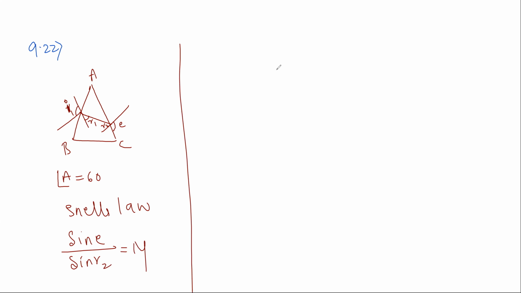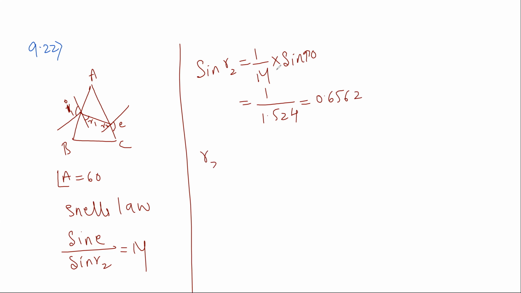If you want to calculate sin R2, it is equal to 1 divided by mu into sin 90. So that is equal to 1 divided by mu, where the value is 1.524. If you simplify this, we are getting 0.6562. So if you want to calculate the R2 value, it becomes sin inverse of 0.6562, which is almost 41 degrees.